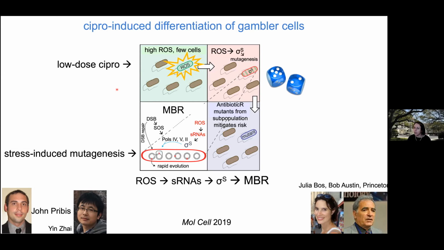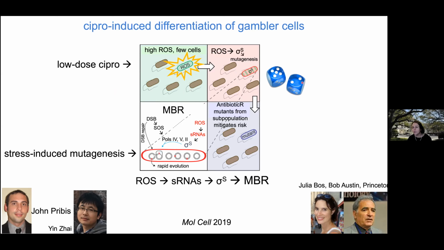And luckily for us, it is a pathway that we had actually figured out over many years of work, not with antibiotics, but with starvation. And he discovered that what they do is produce a little subpopulation of what we call gambler cells, and that these cells specifically do the mutagenesis. All the rest of the cells in the population kind of just hang out and don't hurt their genomes.